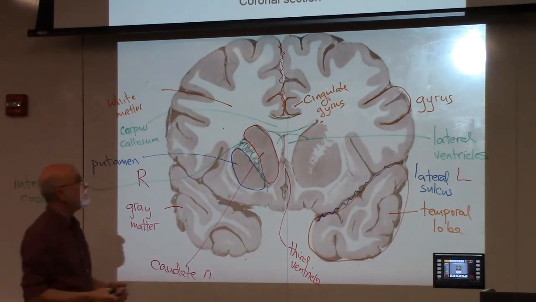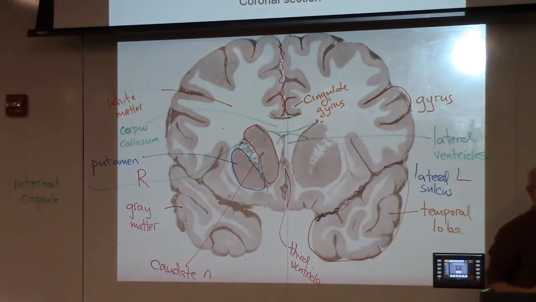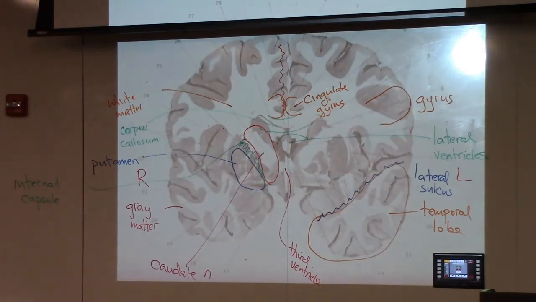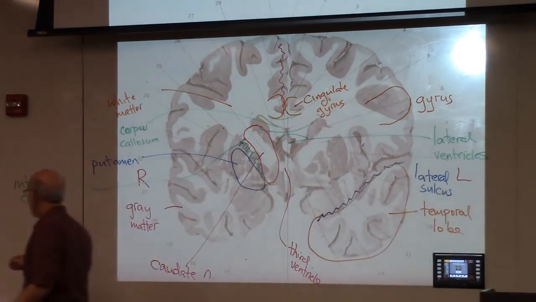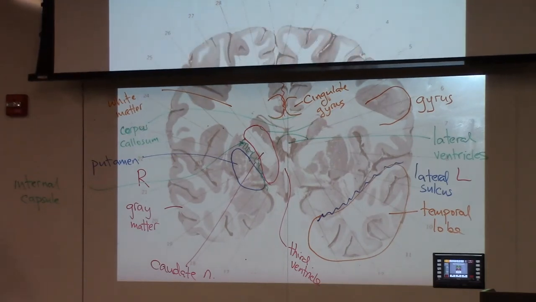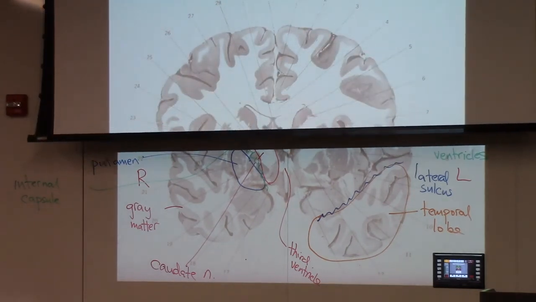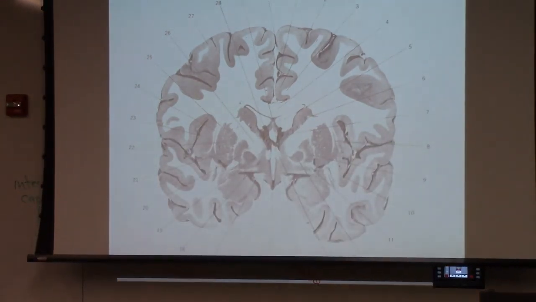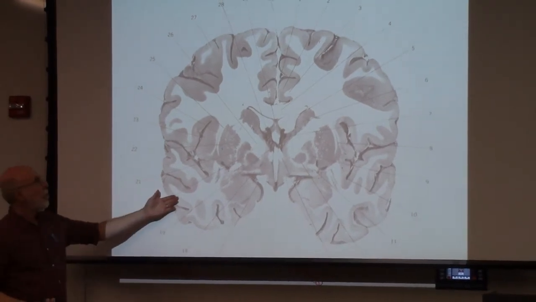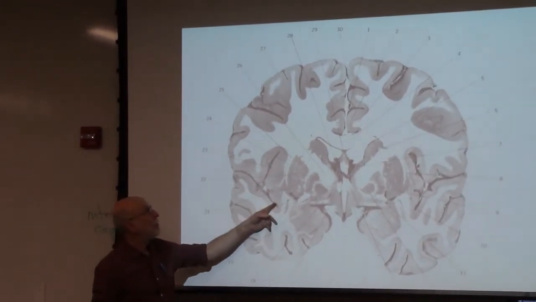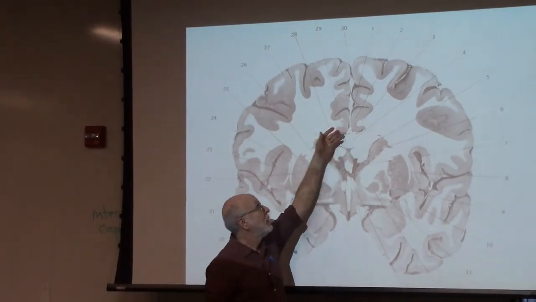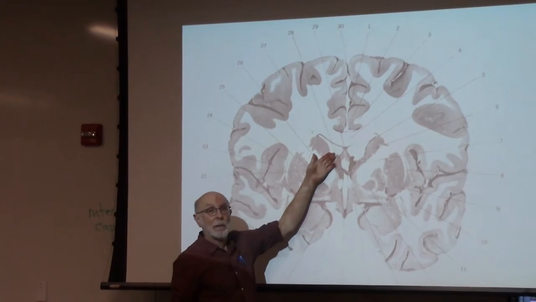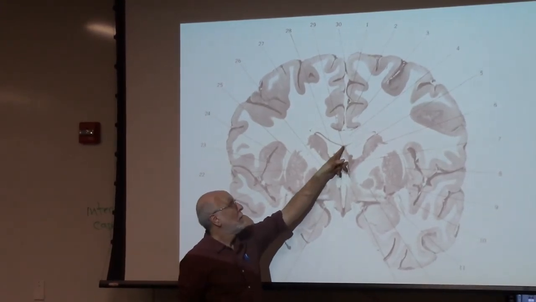Okay, so now we have some coronal neuroanatomy. Let's move backwards. Some of the names are the same: temporal lobe, lateral fissure, longitudinal fissure, corpus callosum, lateral ventricles, septum pellucidum.